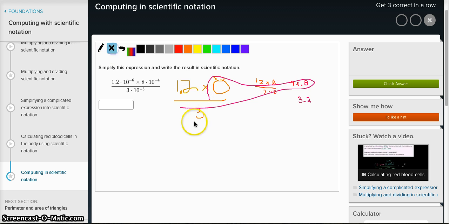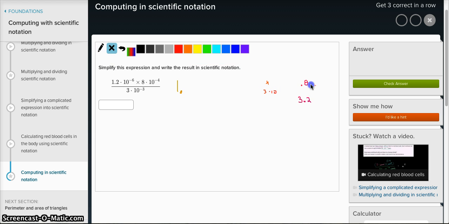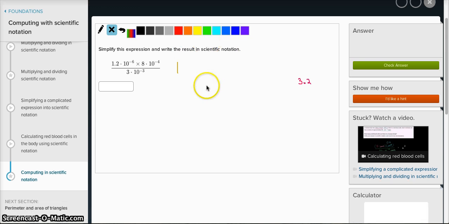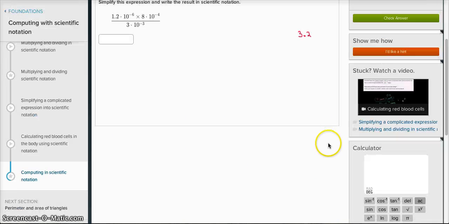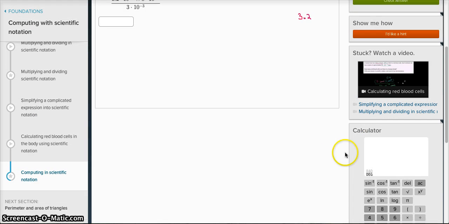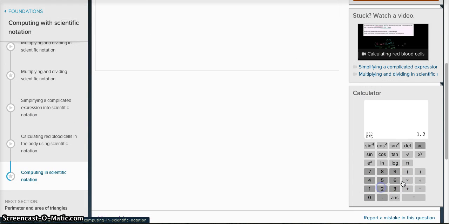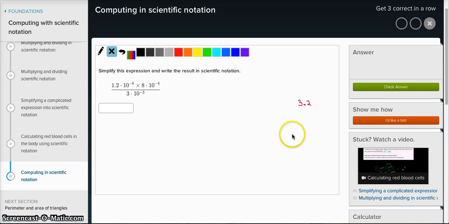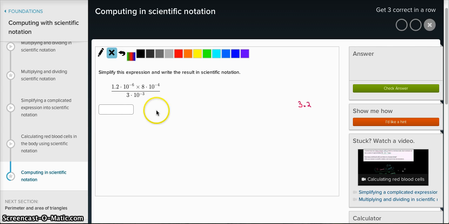Pretty sure that equals 3.2. Oh, you know what? I think there's even a calculator built in down here somewhere. You're allowed to use a calculator. So 3.2. Let me just double check. 1.2 times 8 over 3 is 3.2. Cool. So 3.2.